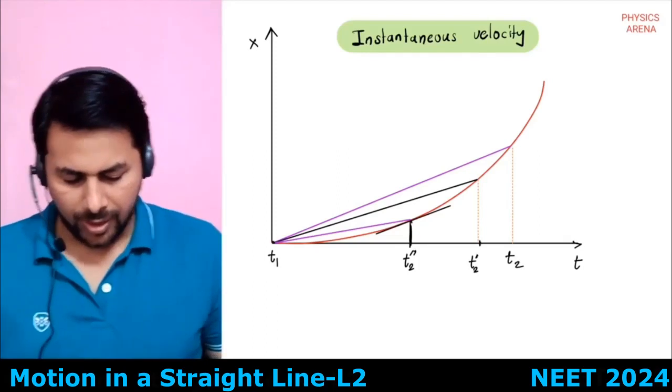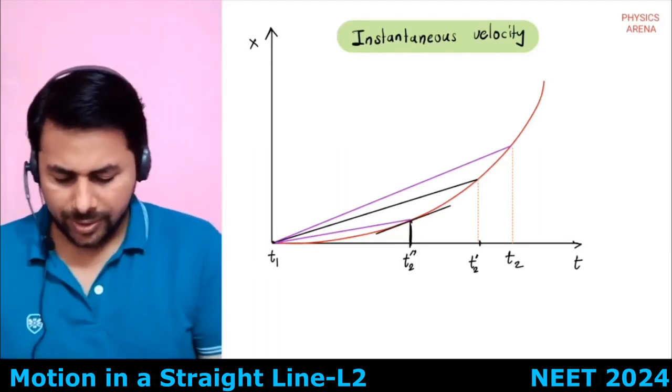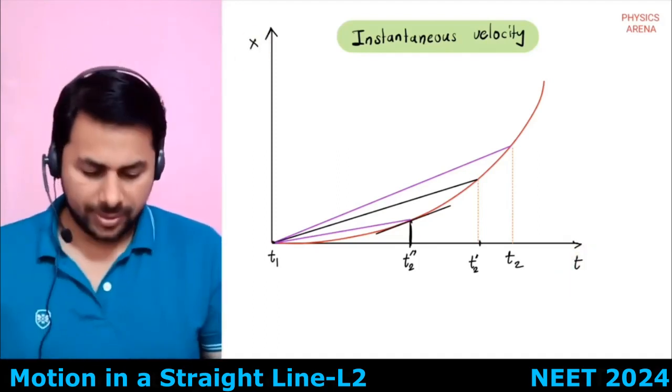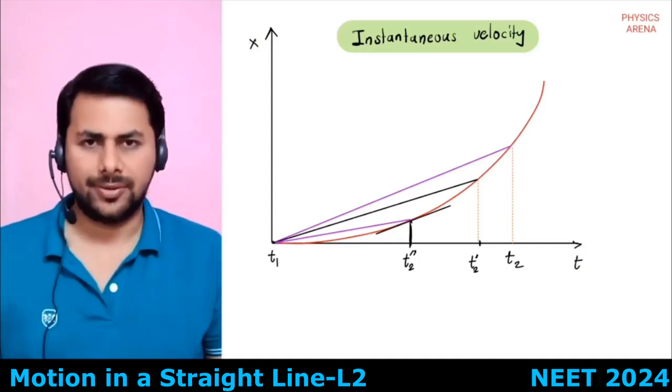All right. So now this is a position versus time graph, and I want to find out velocity.